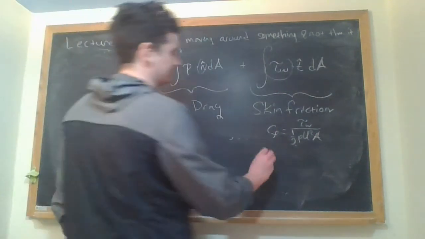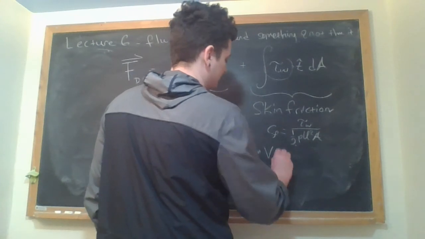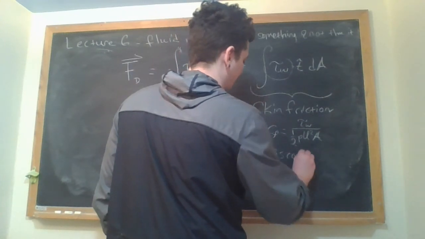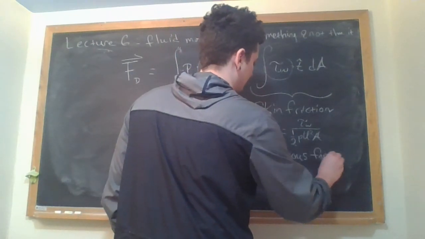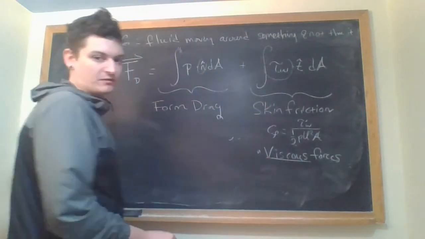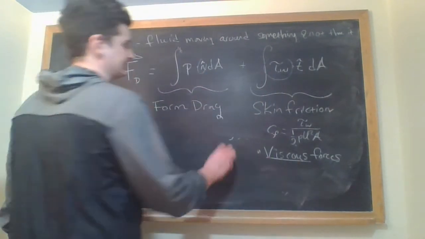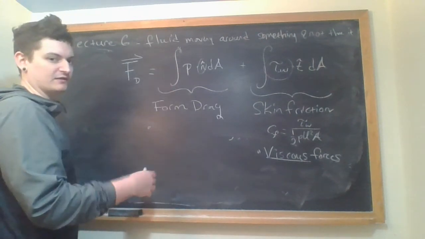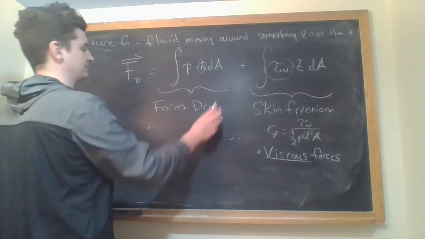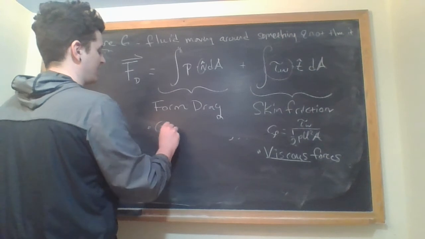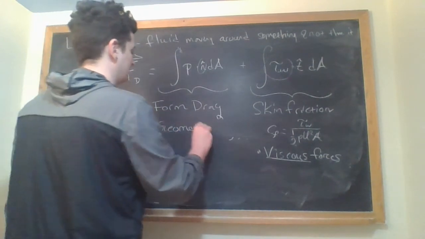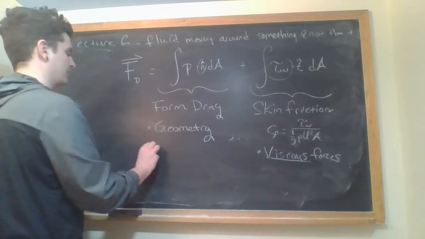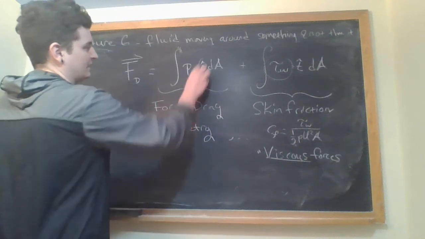So understand that this skin friction term of drag is due to viscous force, meaning the friction of the fluid causes this. Form drag is different, because the last part of these lectures just discusses form drag. That is due to geometry. This part right here is all due to curvature, and that's always the case.